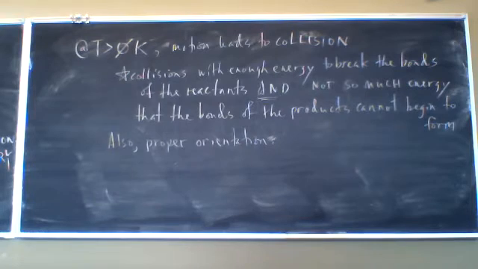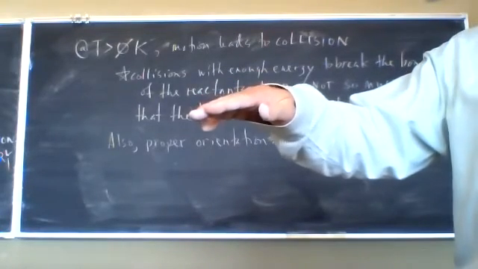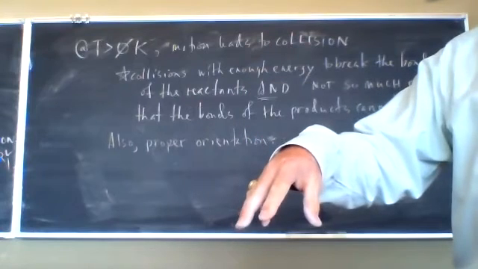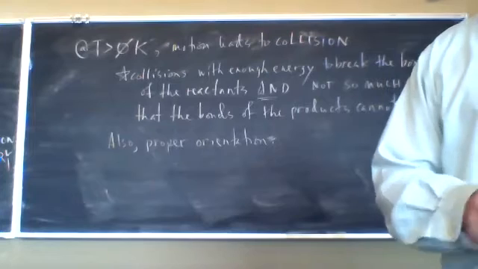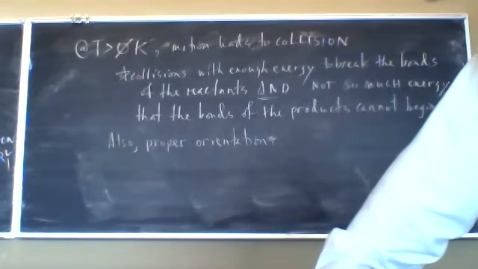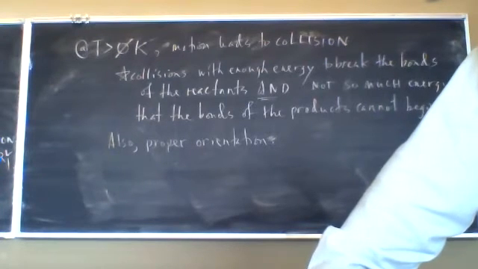The reason the glass did not break in that particular instance was because it didn't have the proper orientation. If the glass had had a different orientation, it might have broken when it hit the ground. We also know from personal experience that there is a height above the ground that no matter what the orientation is when you drop the glass, it's always going to break. So there is an energy consideration as well as an orientation consideration that is necessary for a successful collision.